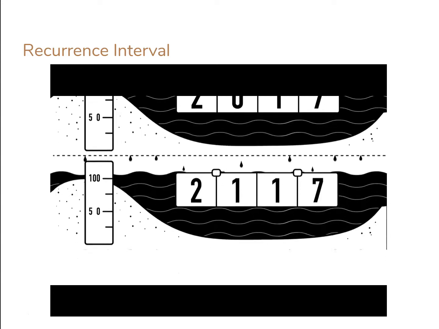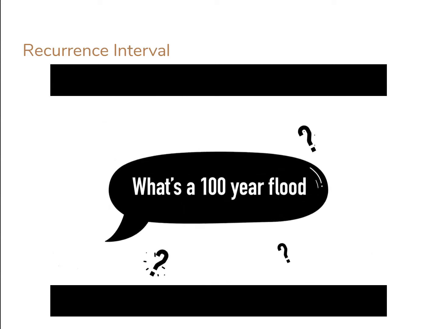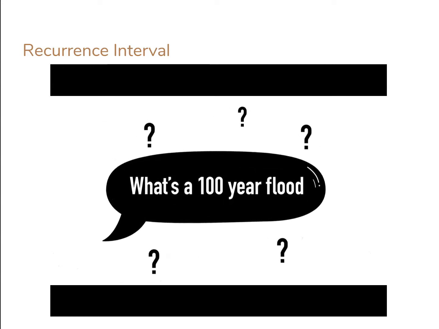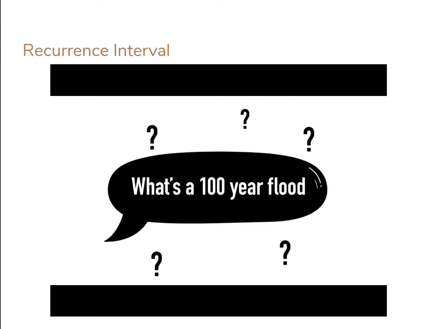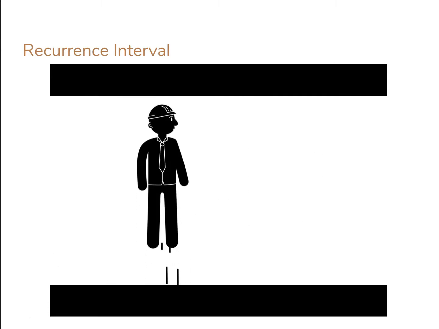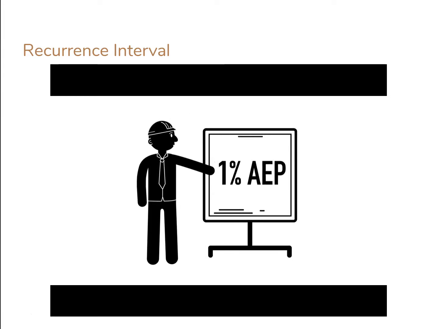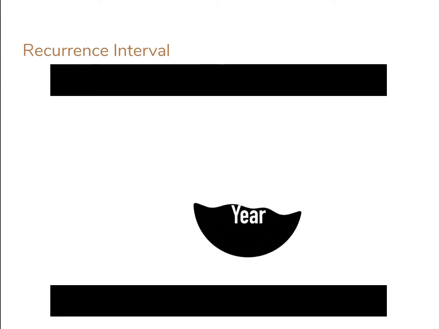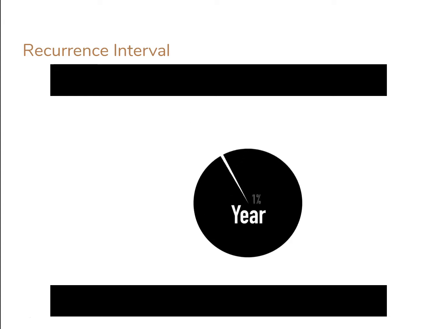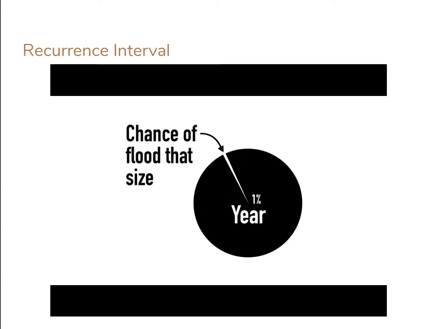This is a misunderstanding that has arisen over time due to slightly misleading terminology. If you were to ask a hydrologist or engineer what a 100-year flood was, they would say that it has a 1% annual exceedance probability, or AEP. In simpler terms, there is a 1% or 1 in 100 chance that a river will see a flood of that size or larger per year.